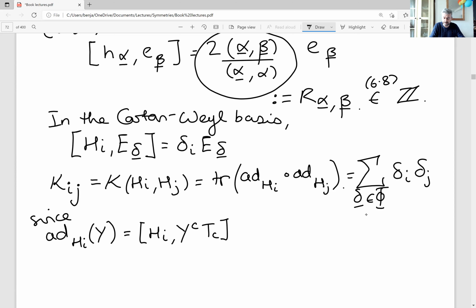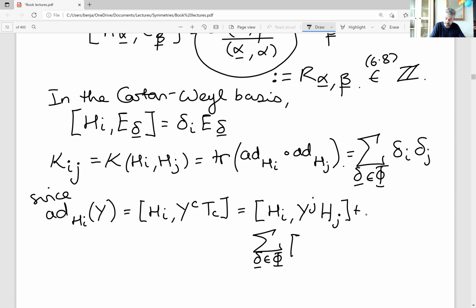So if I now use the Cartan-Weyl basis expansion for these T_c, we have two terms. The first lot are over the elements of the Cartan subalgebra, so we can expand those H_j. And then we have plus the sum over the roots in the root set of [H_i, Y^delta E_delta].